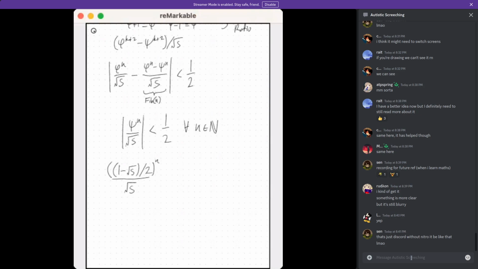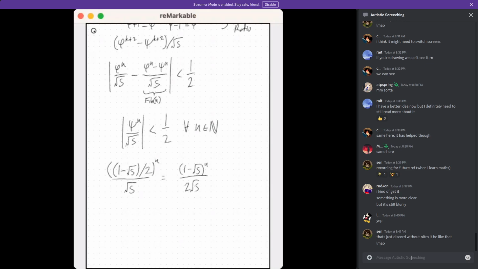And again, it's just some algebraic manipulation here, where you can see that this is going to be equal to 1 minus radical 5 to the n over 2 radical 5.